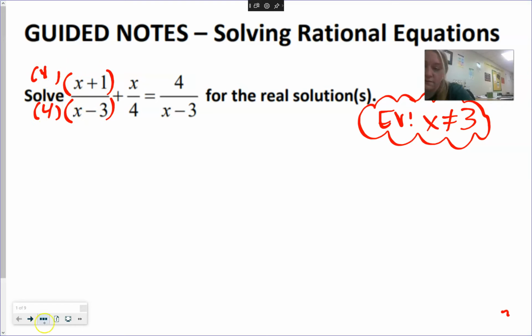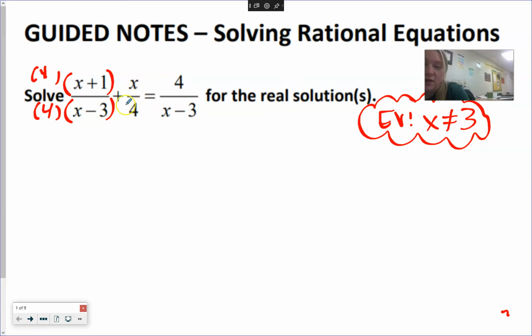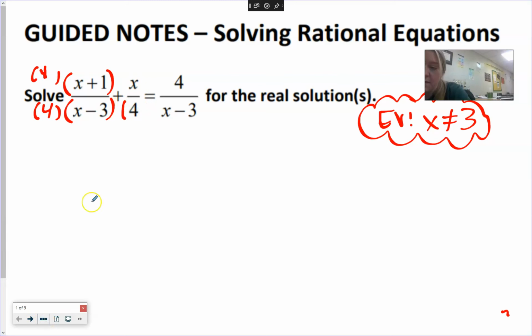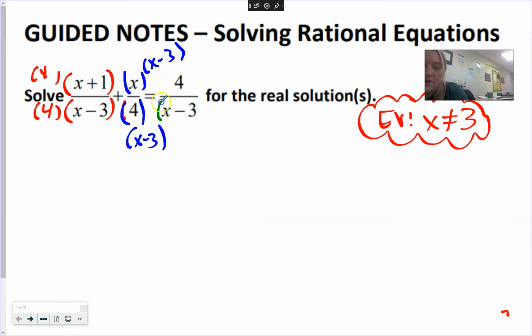There we go. My middle piece is missing the x minus 3. So we're going to bring that to both pieces. x minus 3. Here we go, x minus 3. And then my last piece, my denominator, is just missing the 4. So this needs to get multiplied by 4. This needs to get multiplied by 4.